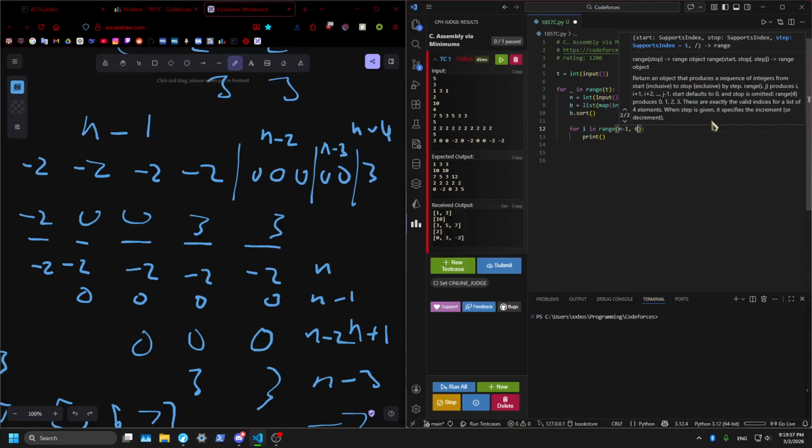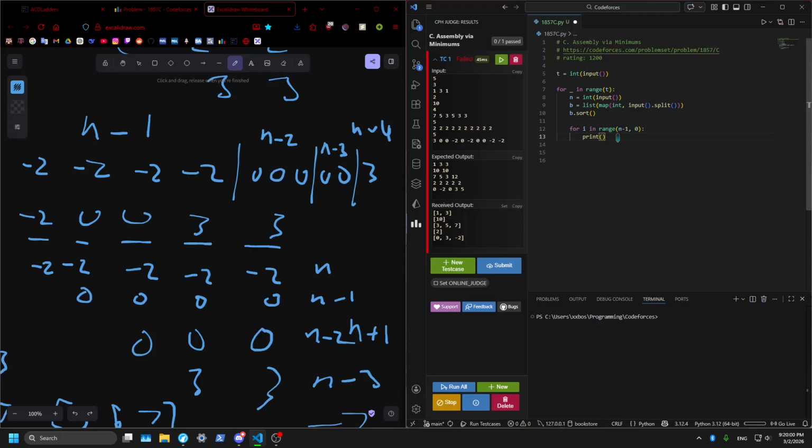We print, marker equals 0, print B from marker to i, which is n, marker equals i.